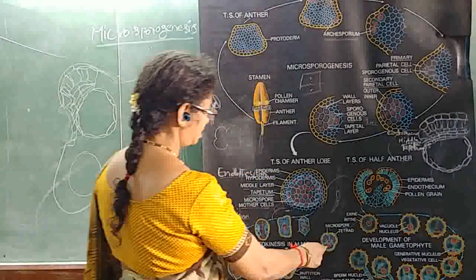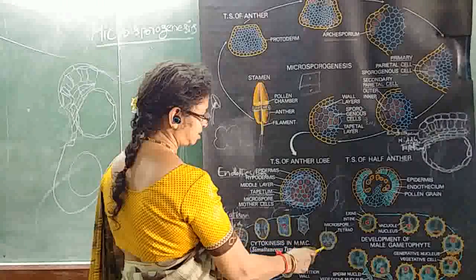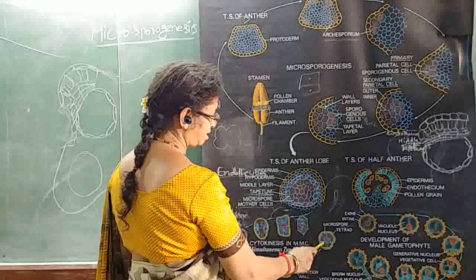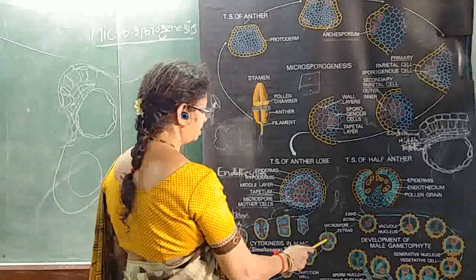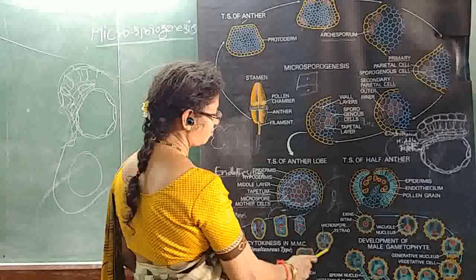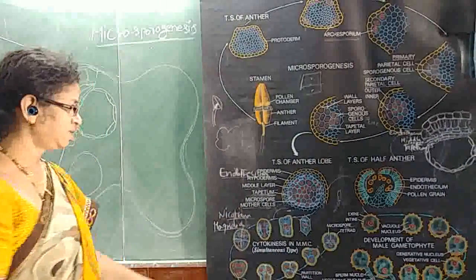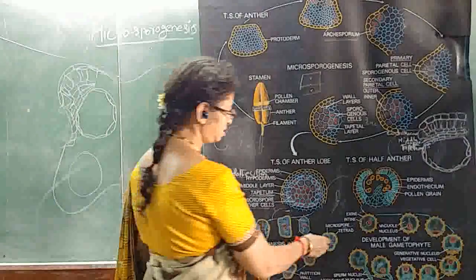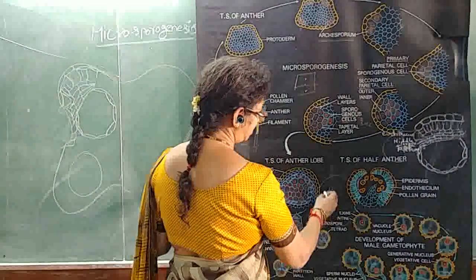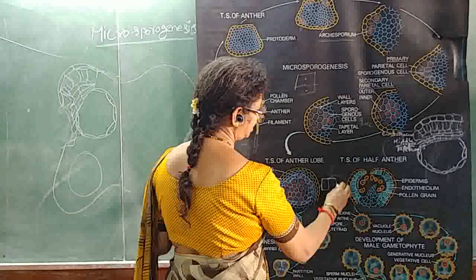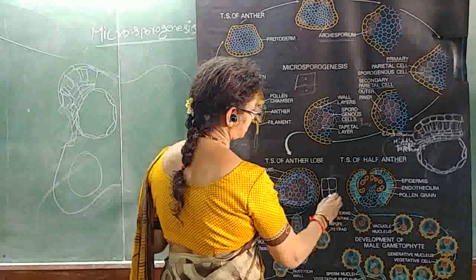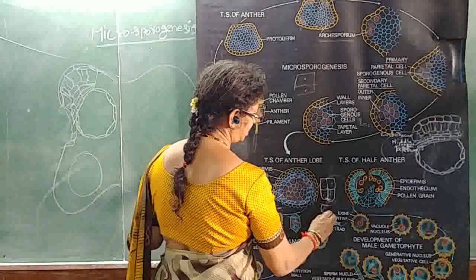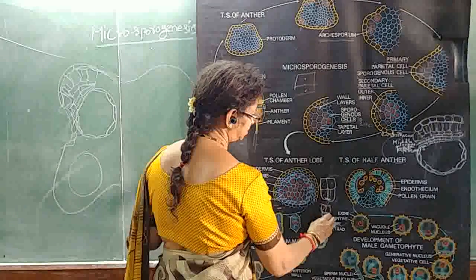Next, the pollen tetrads are the arrangement of the pollen grains or microspores in the tetrad. Four types of arrangements are present. They may be tetrahedral like this, or they are arranged isobilaterally like this, or they are present in a decussate manner.